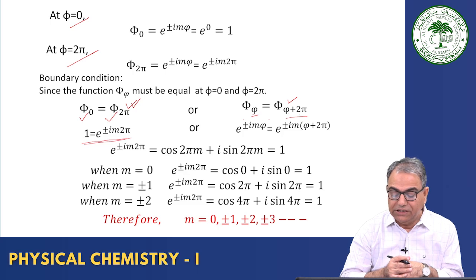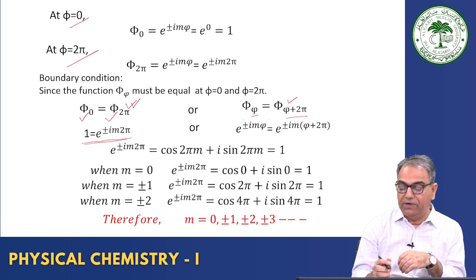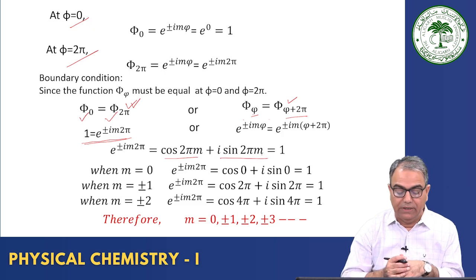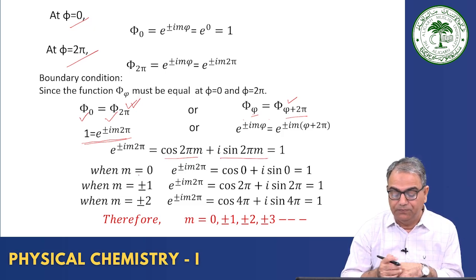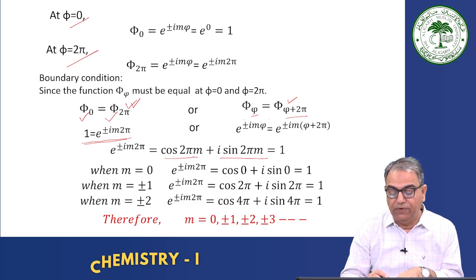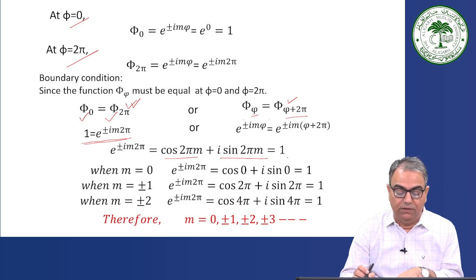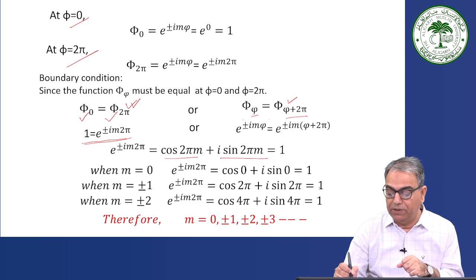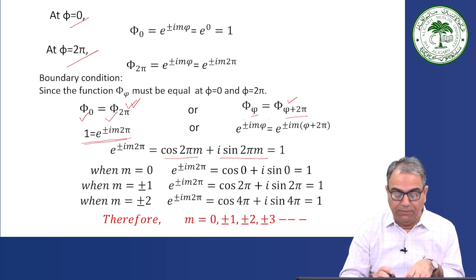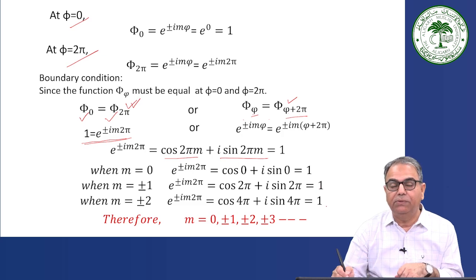This exponential expression can be converted into cosine and sine functions, which tells you that if you put m is equal to 0, then this becomes cos 0, which is 1, and this becomes sin 0, which is 0. So, it becomes equal to 1. The same way, when you put m is equal to plus minus 1, then also e to the power plus minus i m 2 pi becomes equal to 1. When you put m is equal to plus minus 2, then also it becomes equal to 1.